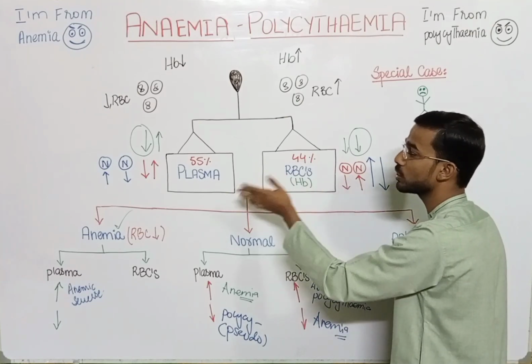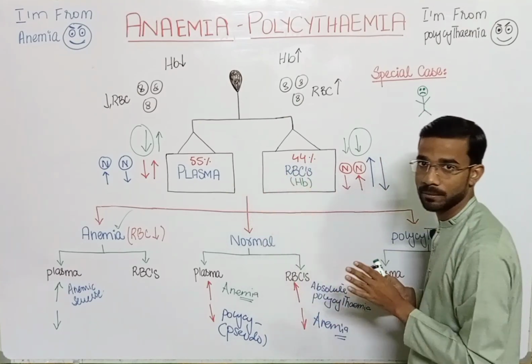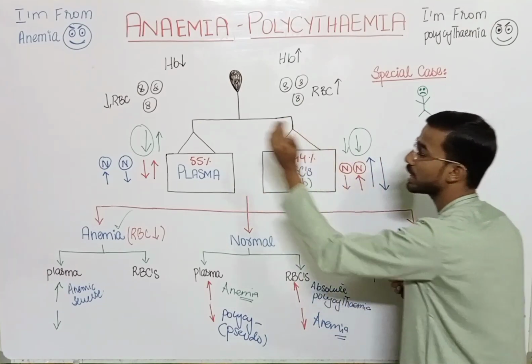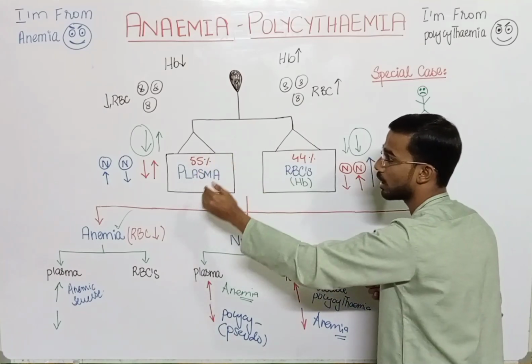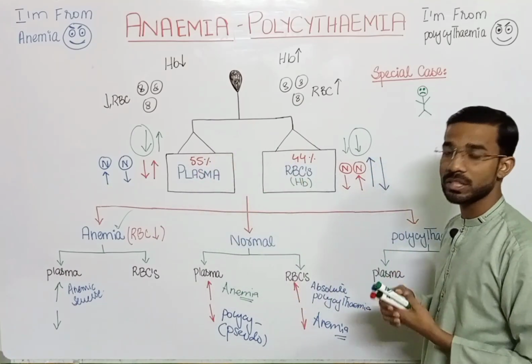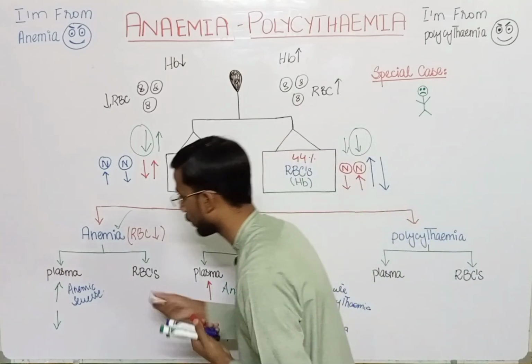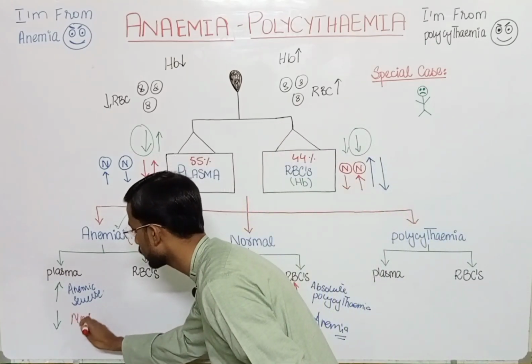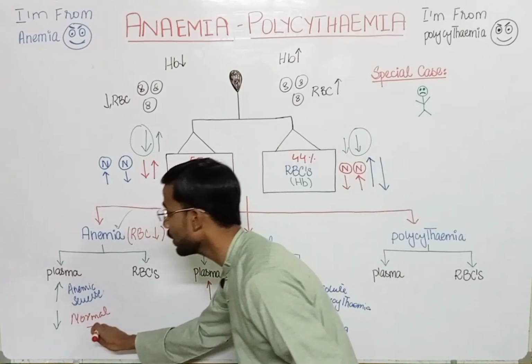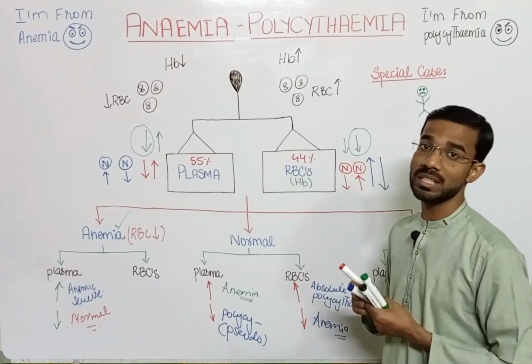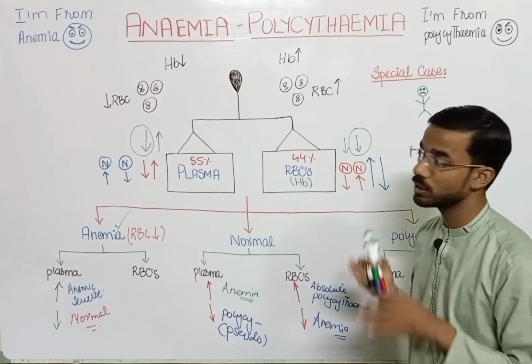The balance is maintained when we decrease the amount of the plasma, so the patient will go towards normal. So this is normal, but even though in reality the patient is anemic. So this is the situation.